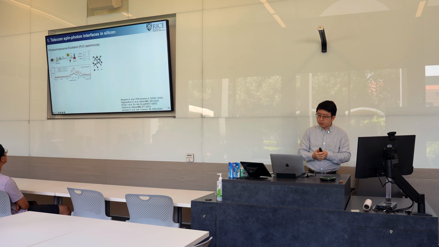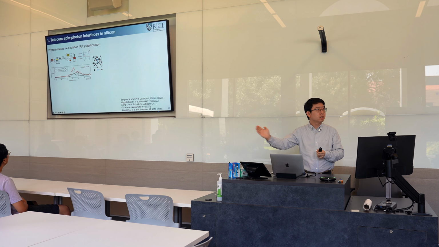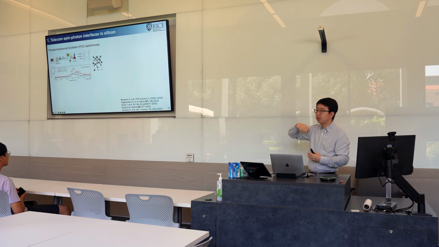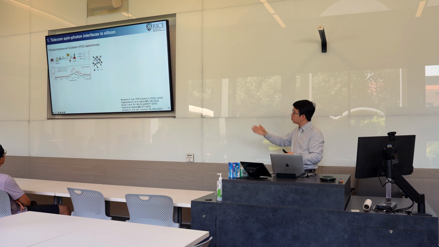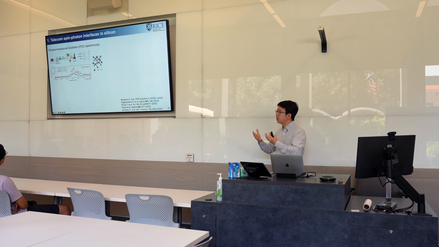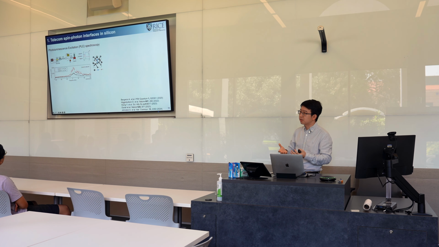Then you can scan your laser frequency, and whenever there's a T center that absorbs and then emits, you see a peak. That's what you are seeing in this spectrum. Those individual peaks are single T centers inside the material, okay?